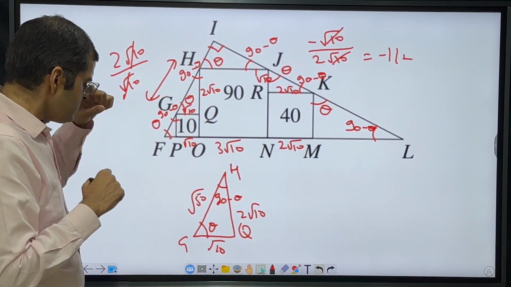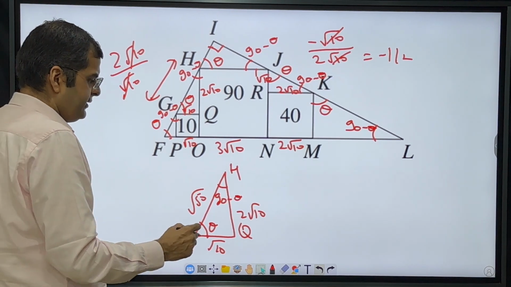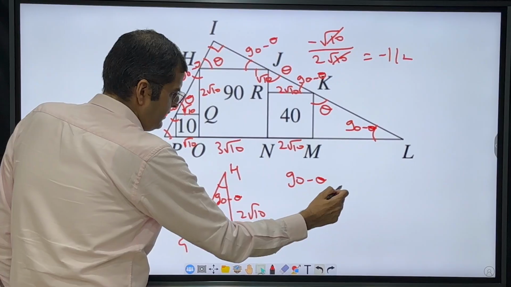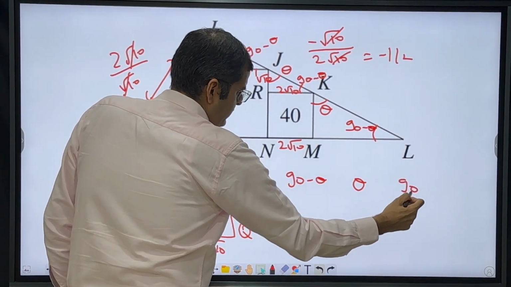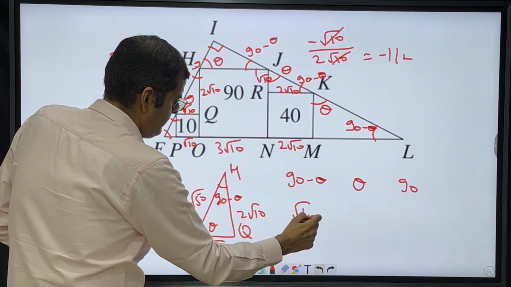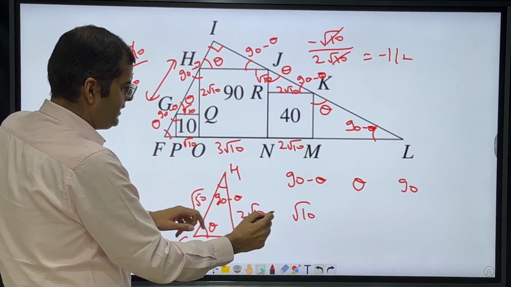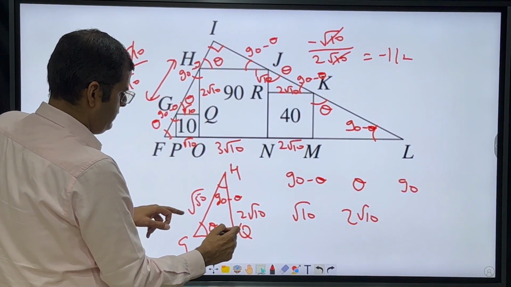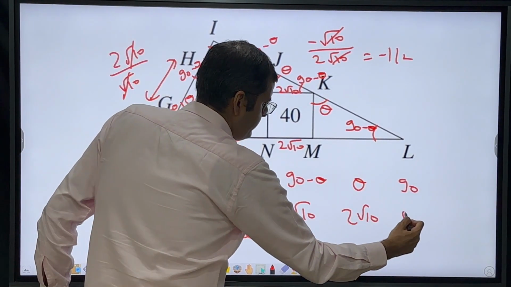Okay. Now, we know what the ratio of the sides is for angles 90 minus theta, theta and 90. The side opposite 90 minus theta is root 10. The side opposite theta is 2 root 10. And the side opposite 90 is root 50.